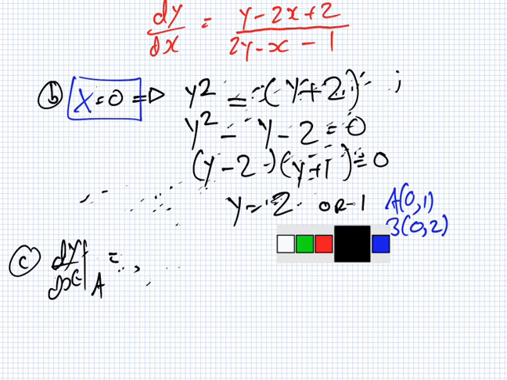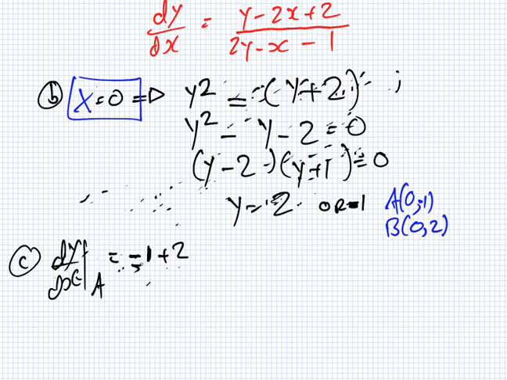So if I put A in, x is 0, so I get y plus 2 on the top, so that's minus 1 plus 2 on the top, and on the bottom I have 2y, so that's minus 2, minus x, which is 0, minus 1. So I get 1 over minus 3, or in other words, minus 1/3.